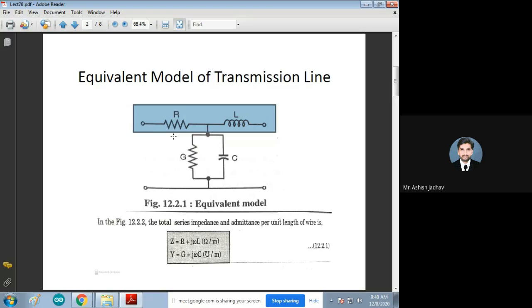Distributed parameter and lumped parameter. What is the difference? Broad difference I have told you. Well, let me tell you.